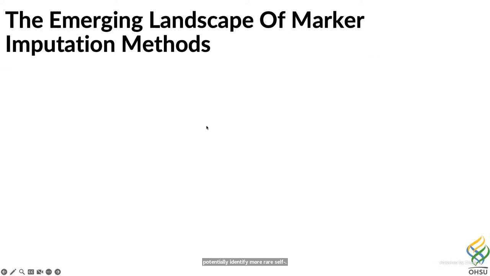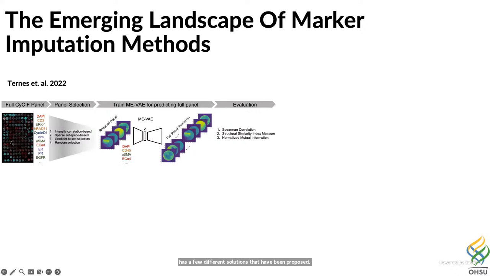So this is an emerging problem that has a few different solutions that have been proposed. Our lab was the first to publish a method for panel reduction and marker imputation, done by a former grad student, Luke Turns. This method is a two-step process. First we identify an optimal reduced panel by finding the subset of markers whose mean intensity are maximally correlated to the remaining withheld markers.